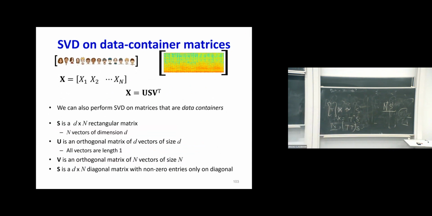And then any matrix can be singular value decomposed into the matrix of left singular vectors times a diagonal matrix of singular values times a matrix of right singular vectors transposed. Pretty much any matrix can be written in this manner, including a data container matrix. These are all orthogonal vectors of unit length.